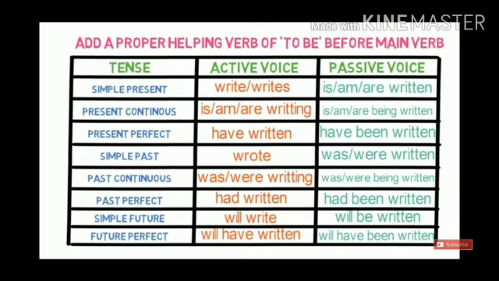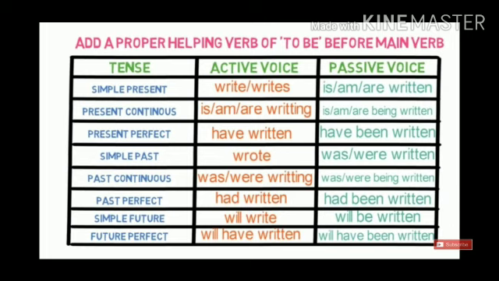Present perfect tense. In active voice, we use has or have plus written, that is the past participle. In passive voice, we add has or have plus been plus written, that is verb 3 past participle.